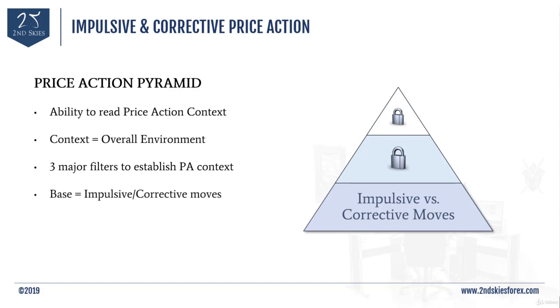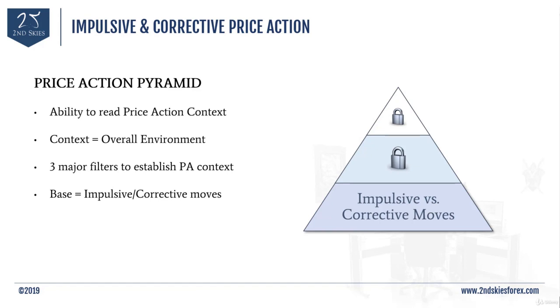Okay, so as I talked about, there's this pyramid of the way we read price action, and it starts with impulsive versus corrective moves. As I've mentioned before, we're trying to read price action context structurally or contextually. And the context gives you an understanding of what the overall environment is. By learning to read the context, you're learning to see the underlying order flow in the environment.